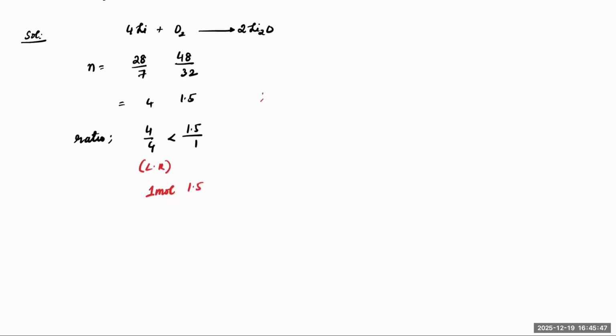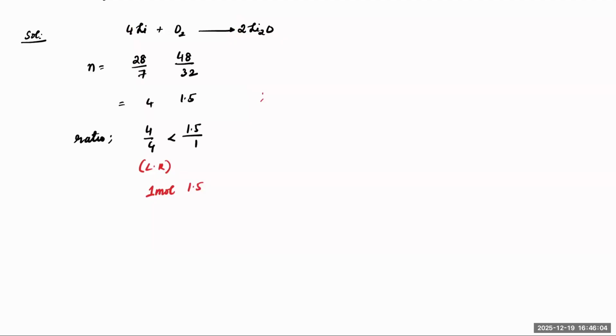Hence, for the product formation, you always check with the initial moles how much you have. Every 4 moles give 2 moles. So if there are 4 moles of lithium, how many moles do I expect? 2 moles.